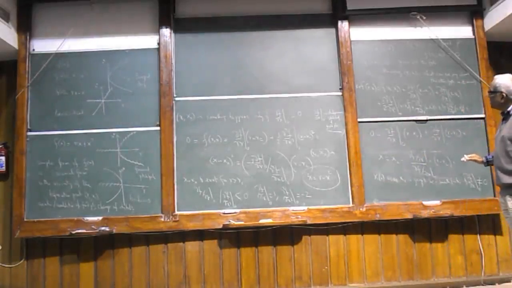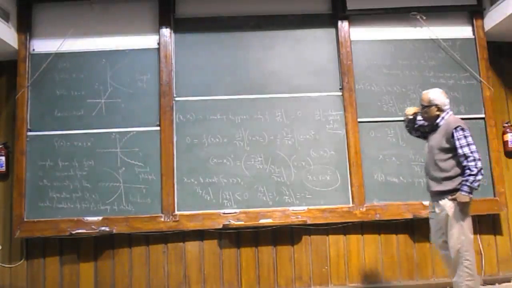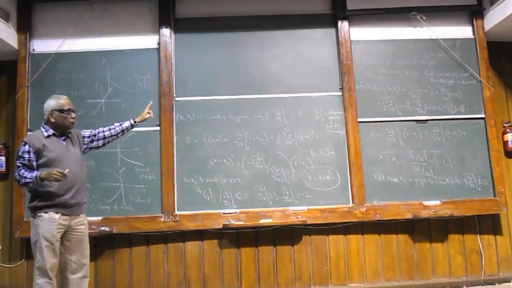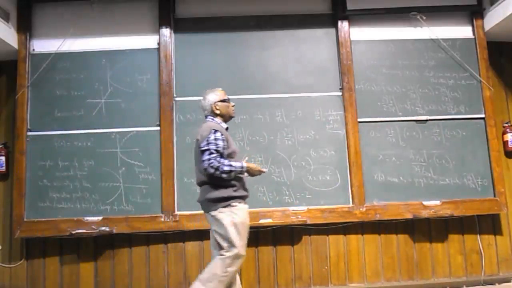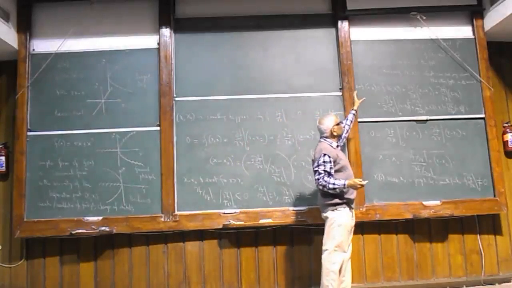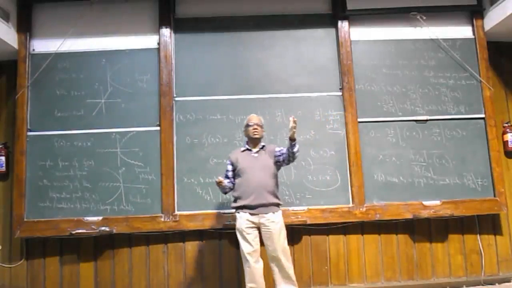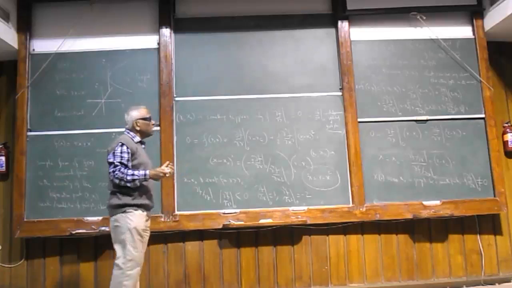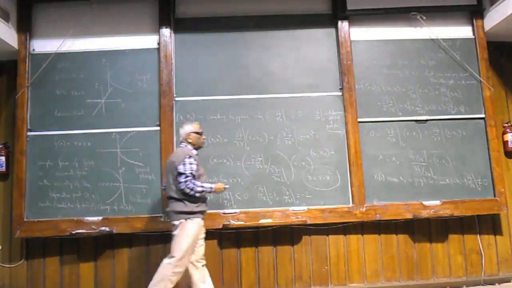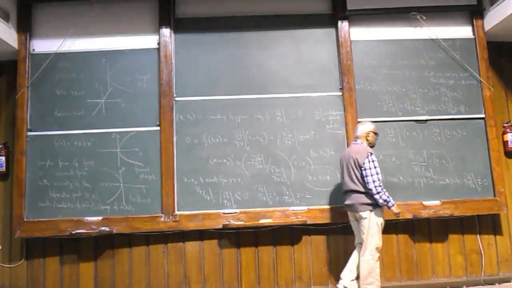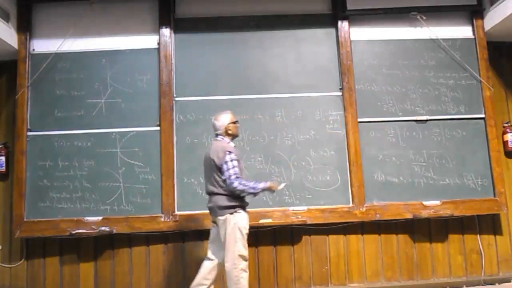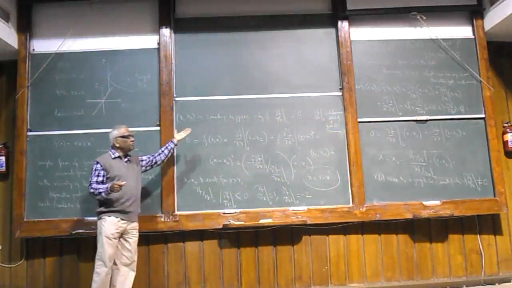The bottom line is that by looking at x dot equal to f of r, x, and looking at the behavior, suppose I know a particular fixed point, and I want to look at the fixed point structure of x dot equal to f of r, x in the vicinity of the fixed point that I know, I can ask the question whether there will be a bifurcation at that fixed point. The condition for the bifurcation would have to be that this vanishes, which is exactly what every bifurcation requires.